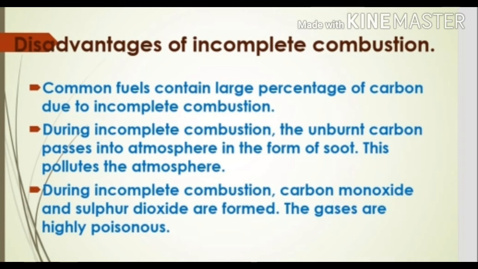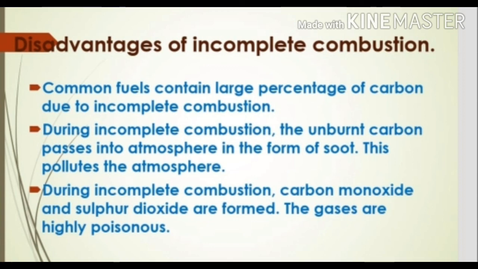Disadvantage of incomplete combustion. Common fuels like wood, charcoal, etc. contain a large percentage of carbon. So unburnt carbon is released during incomplete combustion, and this appears in the form of soot, which pollutes the environment. The unburnt carbon passes into the atmosphere and pollutes the environment in the form of suspended particles.